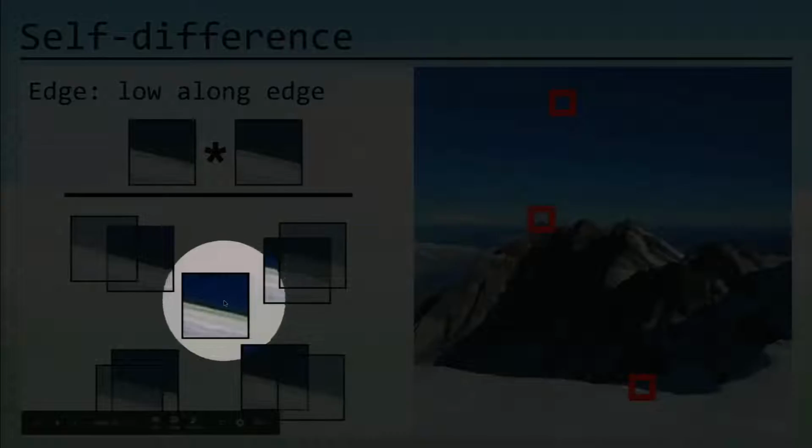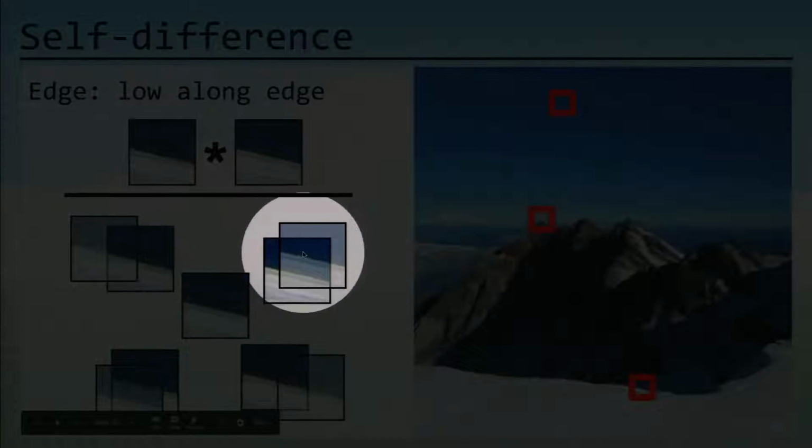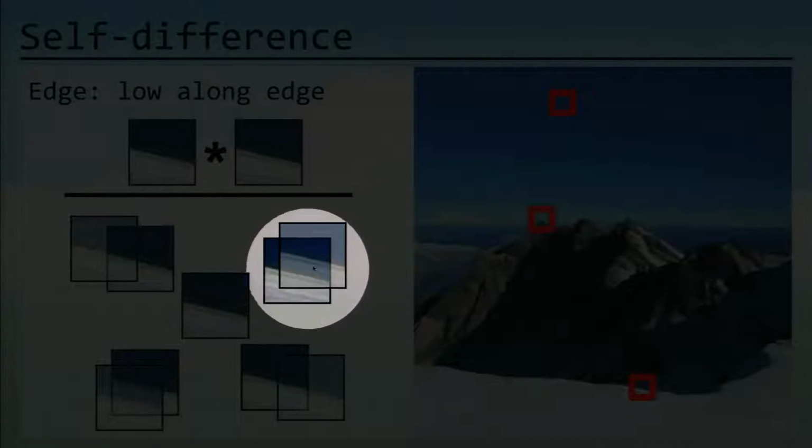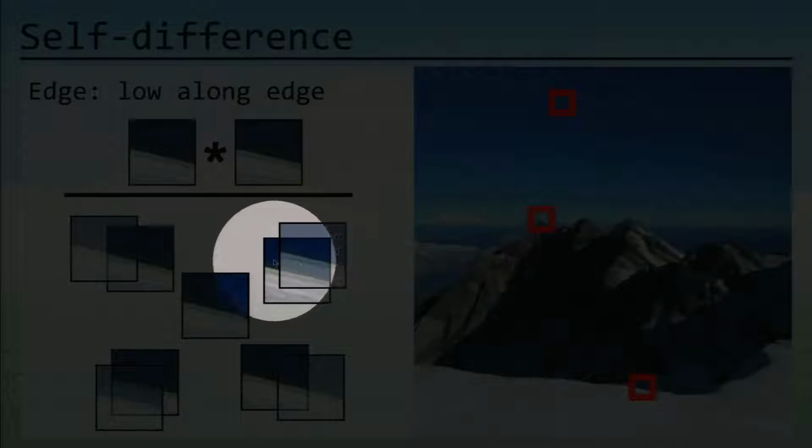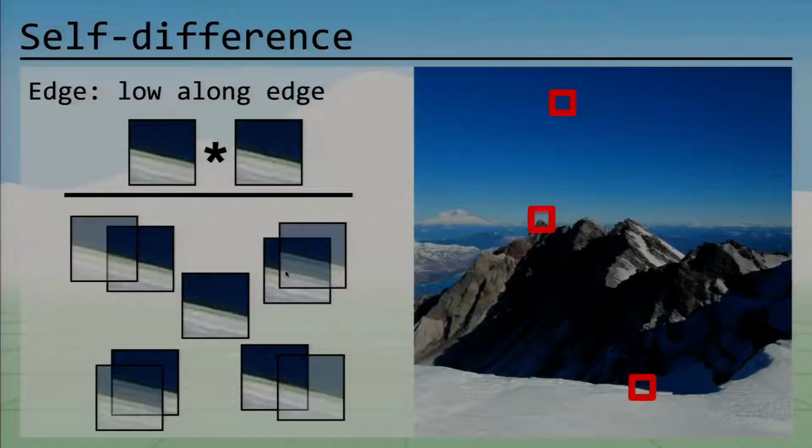When we have this edge, and we're talking about the self-difference of the edge from itself, obviously, again, when we haven't shifted it at all, it's going to have a very low self-difference. If we shift it in a direction that is perpendicular to the edge, we're going to start getting some differences. In particular, this snow overlaps this blue in the background, and that's going to give you some component of self-difference.